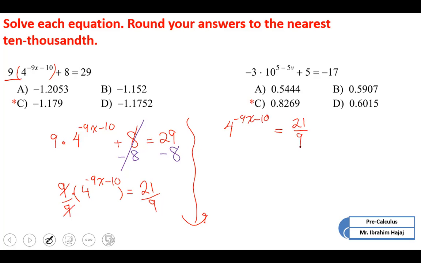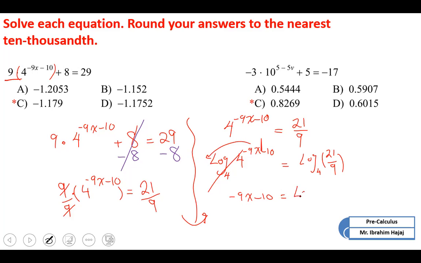So simply, you have to take the logarithm base 4: log base 4 of 4 to the power of negative 9x minus 10 is equal to log base 4 of 21 over 9. Log base 4 of 4 gives 1, and we drop down the exponent using logarithmic properties, so we have negative 9x minus 10 on the left and log base 4 of 21 over 9 on the right.